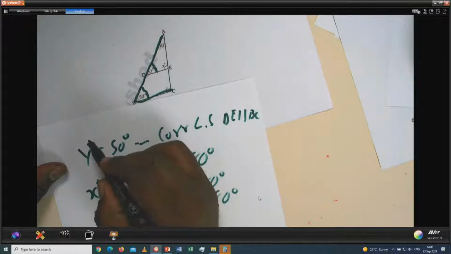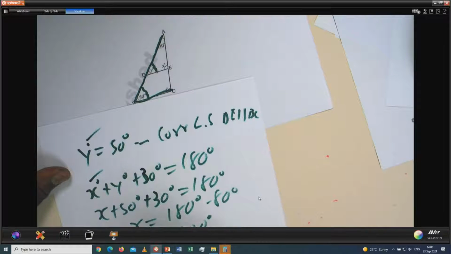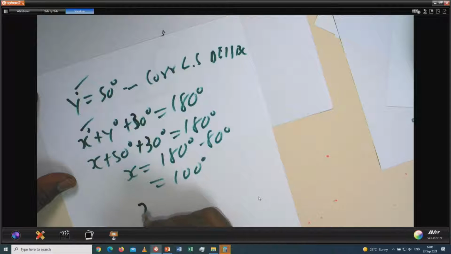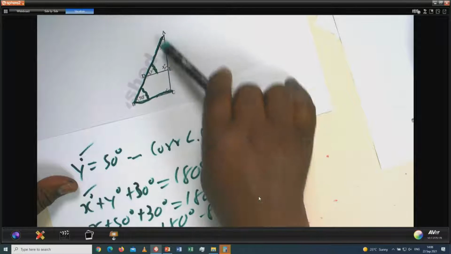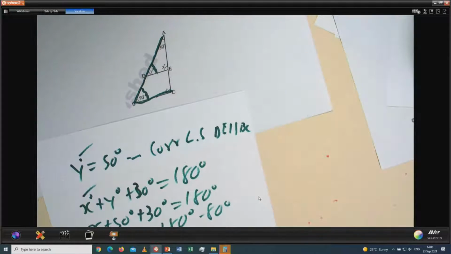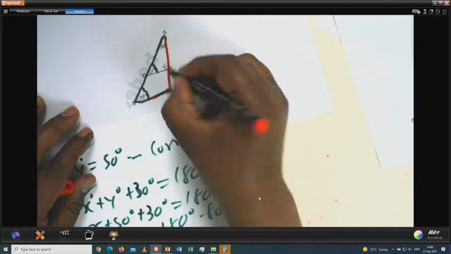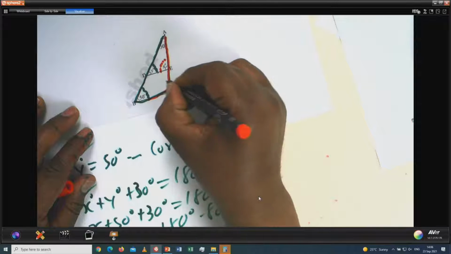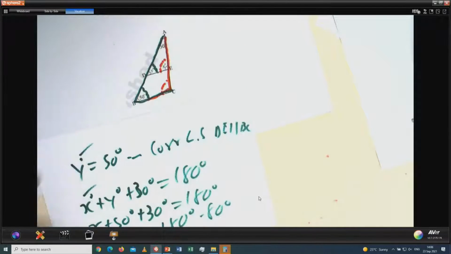Therefore, your y is 50, your x is 100 degrees, and then your z, x equals z, corresponding angles. Your F is facing down now. So if that one is 100, this one is also 100.